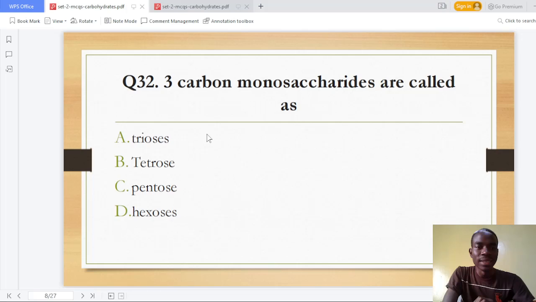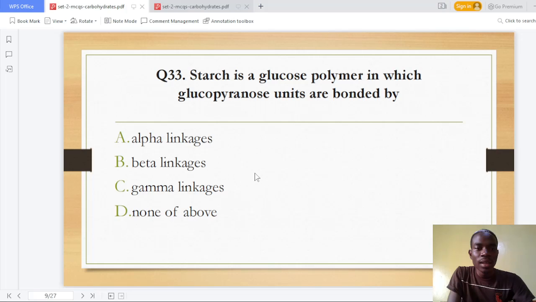Question 33. Starch is a glucose polymer in which glucopyranose units are bonded by A, alpha linkages, B, beta linkages, C, gamma linkages, D, none of the above.